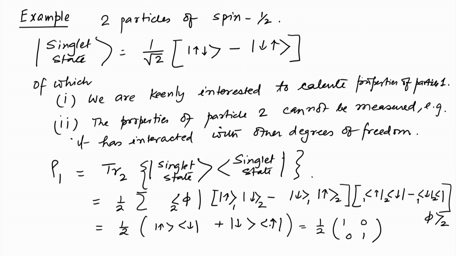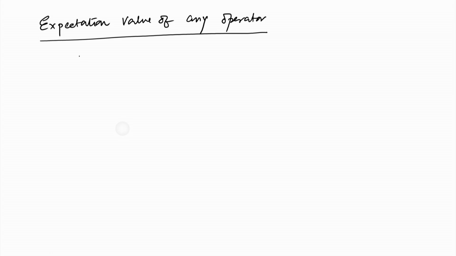Also, just for the sake of completeness, the expectation value of any operator A at time t is equal to the trace of A rho t.